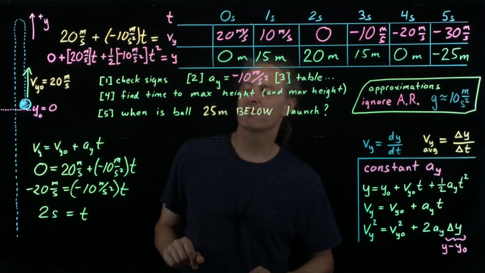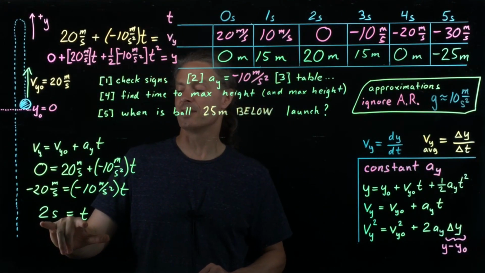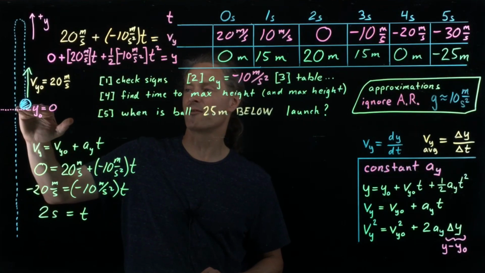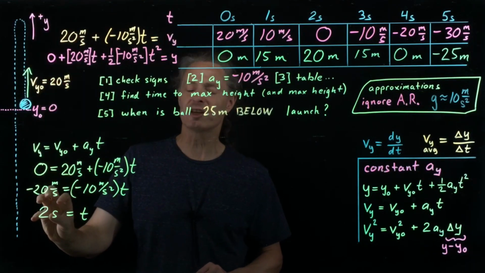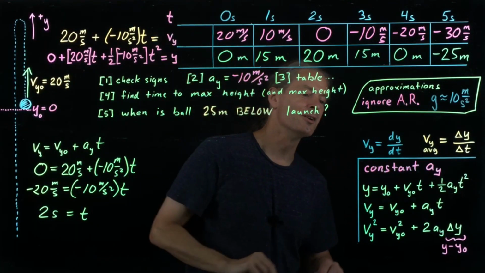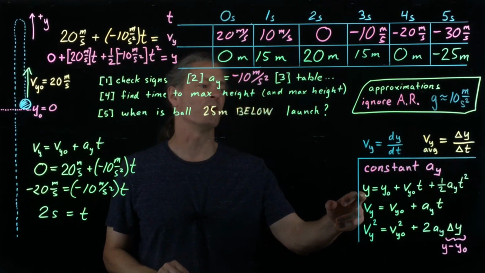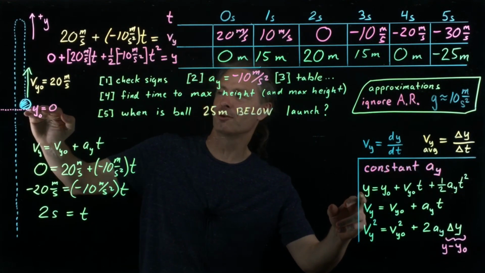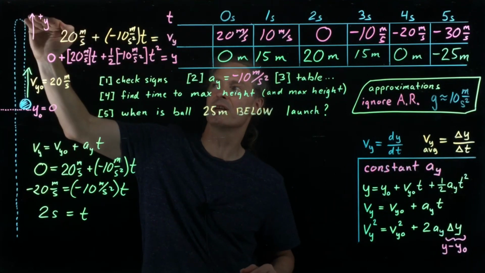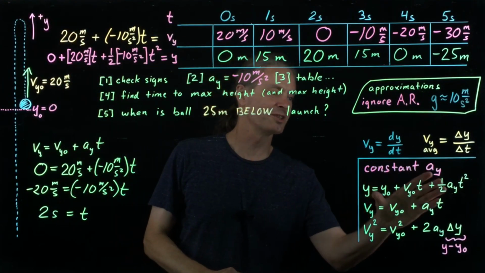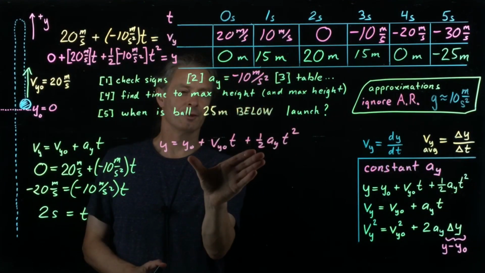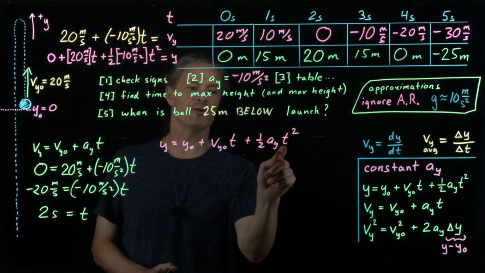Okay, now that we know that it takes 2 seconds for the object to get from launch to maximum height, we could plug that 2 seconds into here to find the location corresponding to t equals 2 seconds. The location corresponding to t equals 2 seconds will give us the maximum height. So let's take this and write it here. This gives us our y component as a function of time.